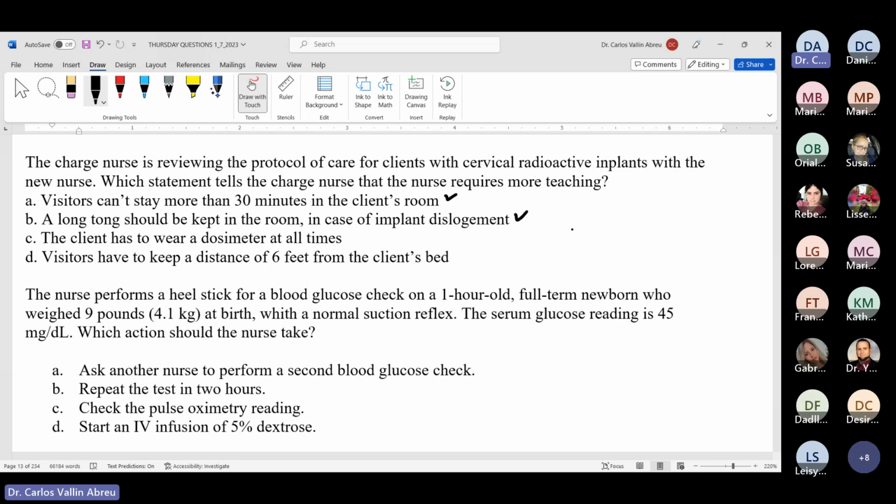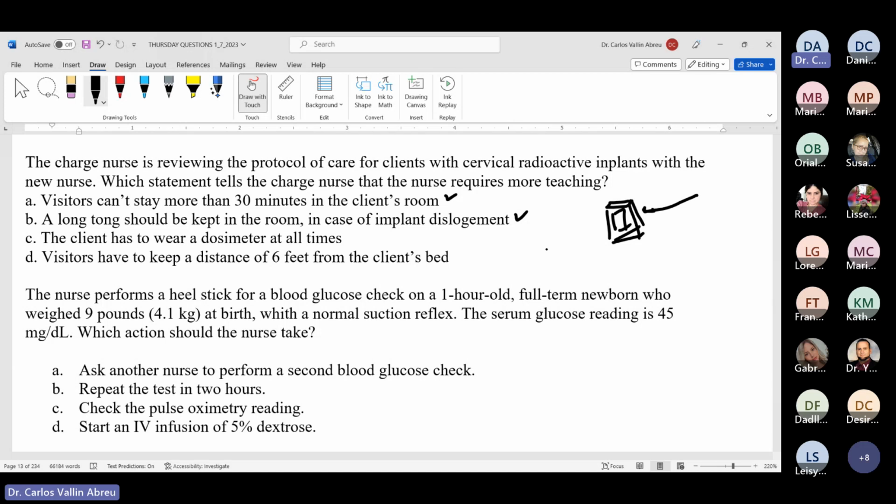The client has to wear a dosimeter at all times. A dosimeter is like a badge that has inside a substance sensitive to gamma radiation, and it counts the accumulated dose of gamma rays that the badge is receiving.